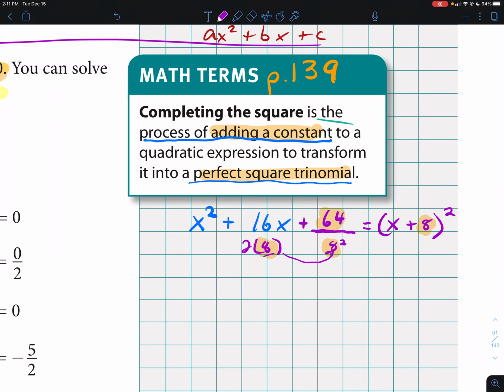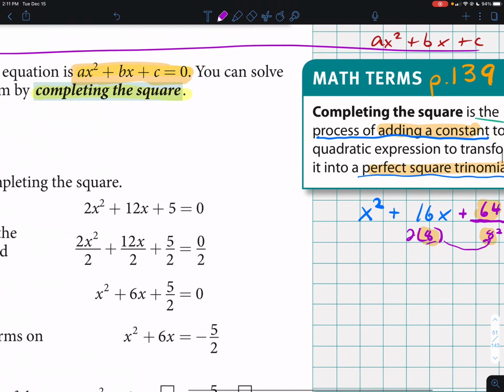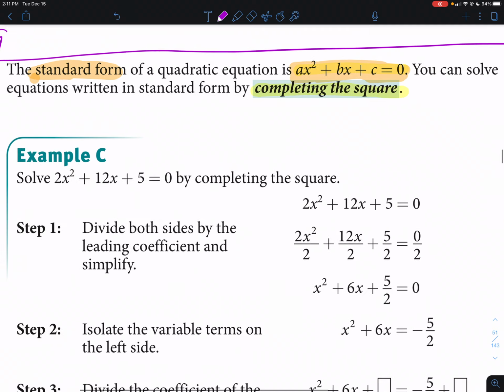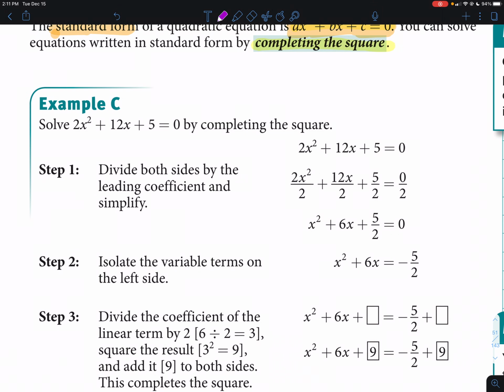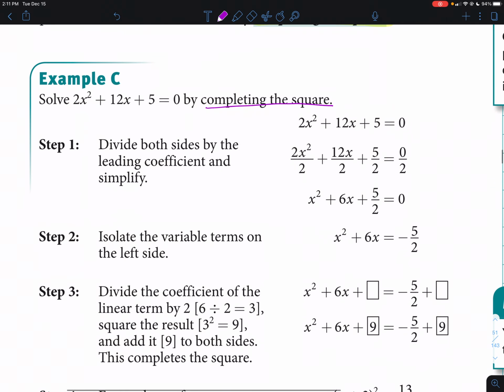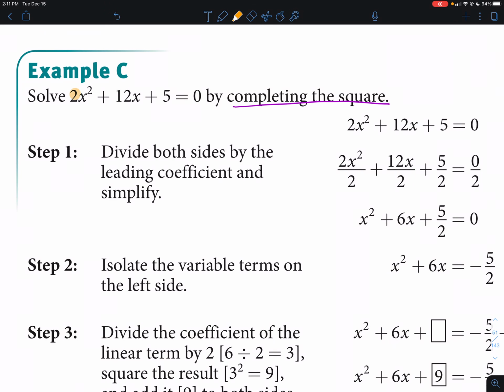You might want to add this to your chem chart just to help you study. But let's take a look at this example here in the book. Solve 2x squared plus 12x plus 5 equals 0 by completing the square. So notice though that there is a 2 in the front, and of course they throw a problem like this first.